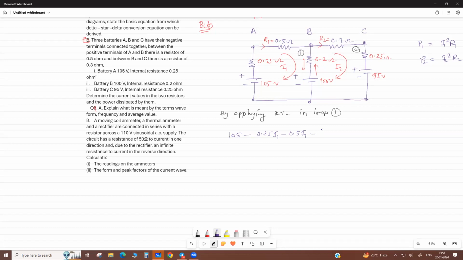So here, first resistance into current, we take I1 minus I2, because we are in the I1 direction, that's why I1 minus I2, we write the differential current. Then this voltage is negative to positive, negative.